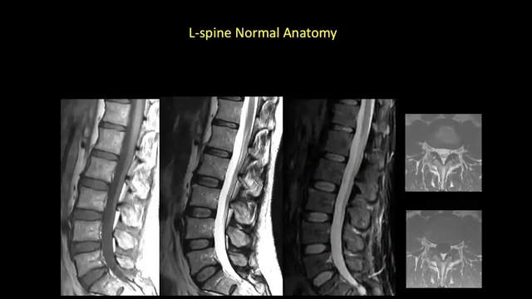Here's just an example of what a normal lumbar spine would look like, with relatively fatty bone marrow, the disc, which we'll talk about, that's relatively bright, and the CSF fluid that's bright, and then our subcutaneous and retroperitoneal fat that stays bright on the T1 and T2 sequences.